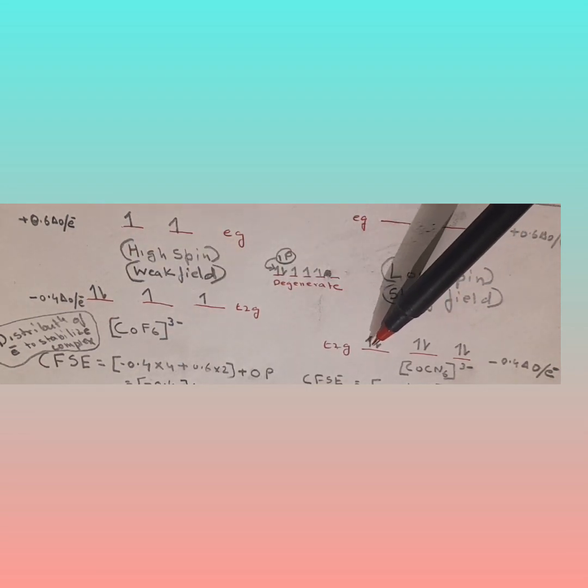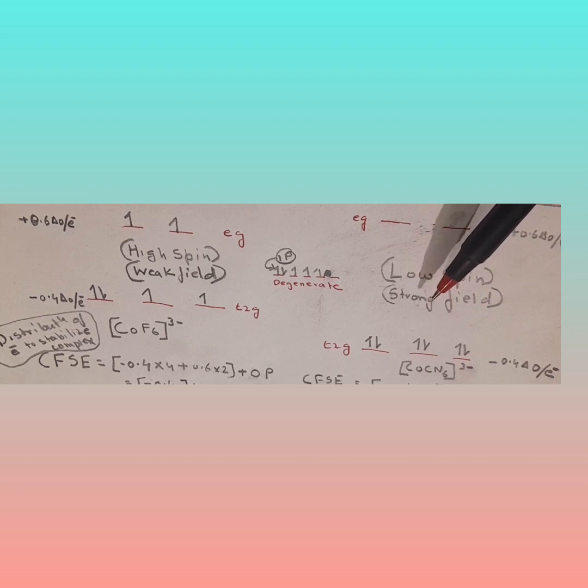Now let's see what's the difference in filling up the two cases. First, in the case of weak field, that is the fluoride case, 6 electrons: we fill in first, second, third, fourth, fifth, and the sixth is paired. Whereas in this case we fill in 1, 2, 3.